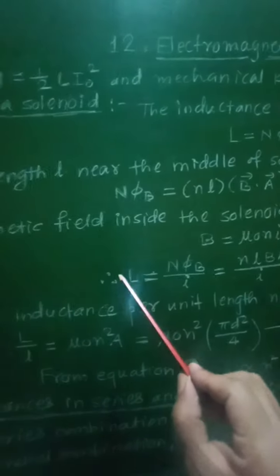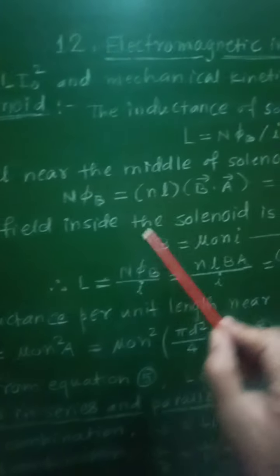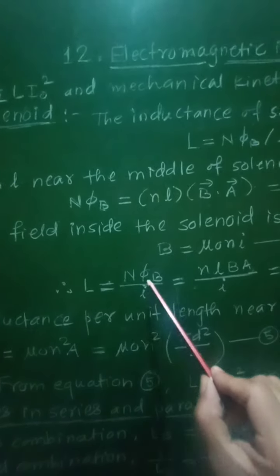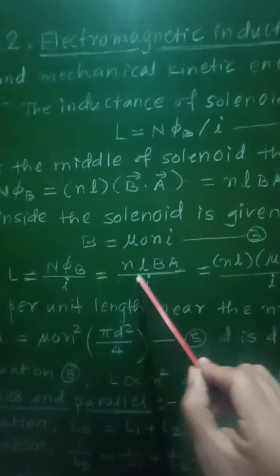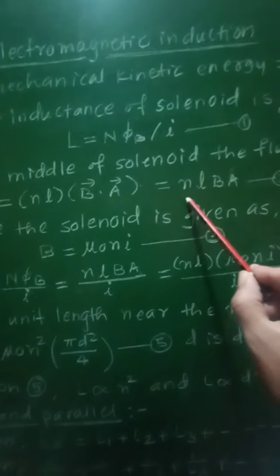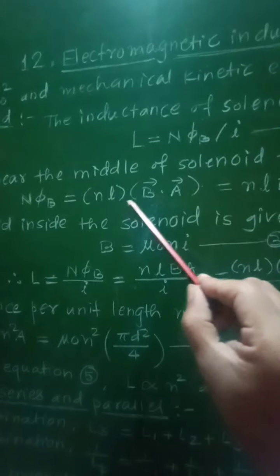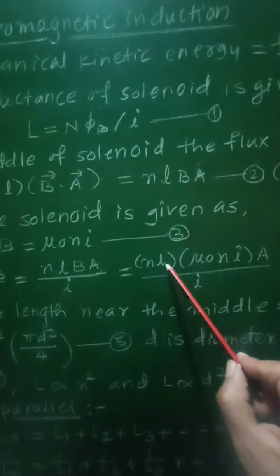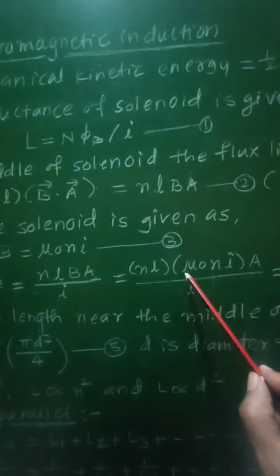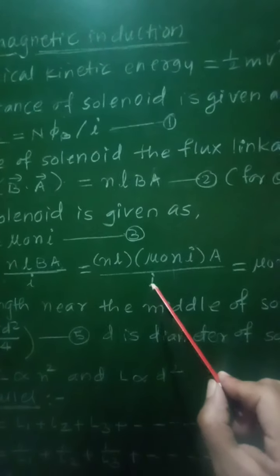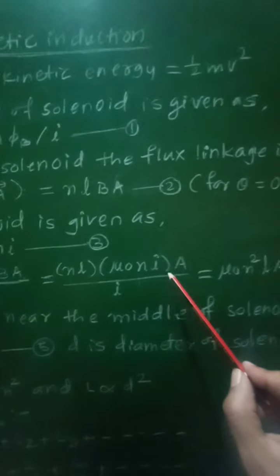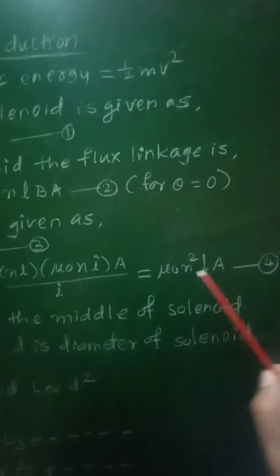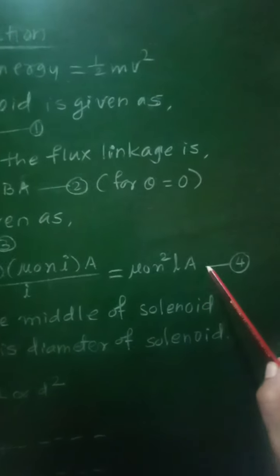Now from equation 1, inductance L is equal to N phi B upon I. Therefore L equal to n l into BA upon I. Value of B is mu 0 n I, so into mu 0 n I A upon I. So we get L equal to mu 0 n square l A, equation number 4.